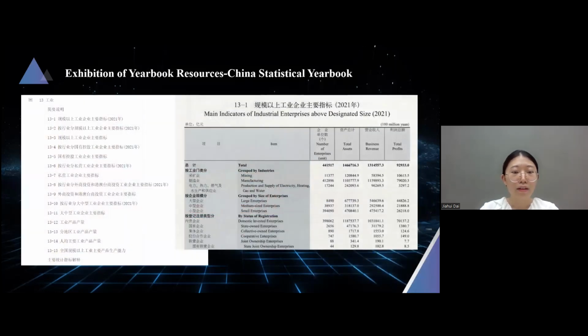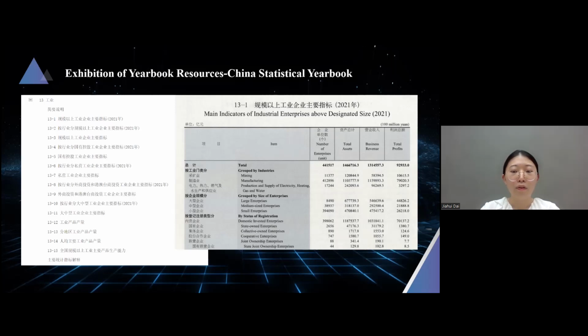As far as industry is concerned, the next level contents show major indicators of industrial enterprises above designated size, state holding industrial enterprises, private industrial enterprises, enterprises with Hong Kong, Macau, and Taiwan, and foreign funds.